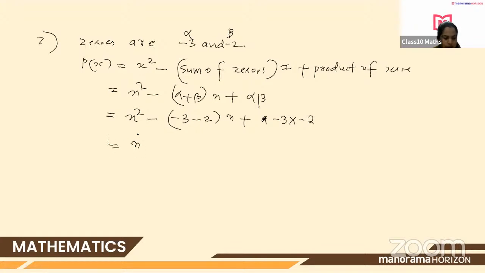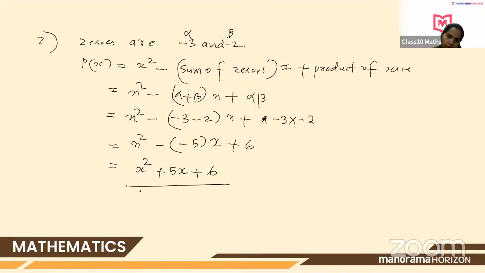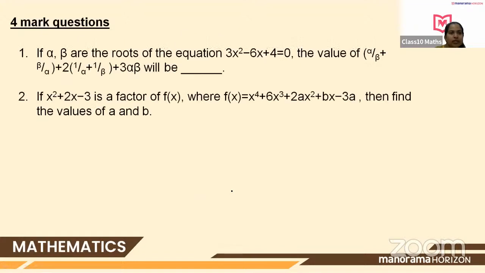So x square minus 5x plus 6. So the polynomial is x square plus 5x plus 6. So this is the polynomial. Okay, moving to the next question.